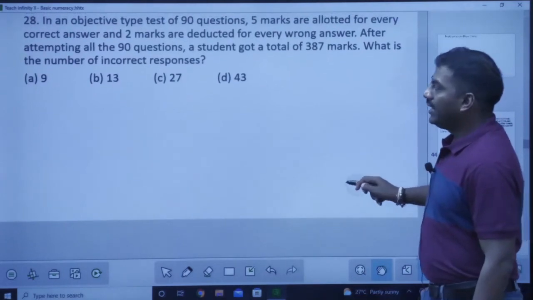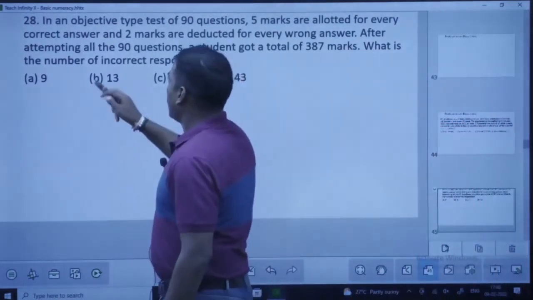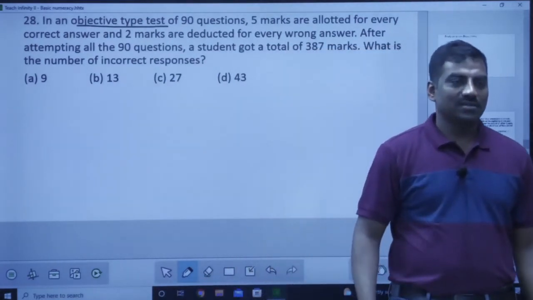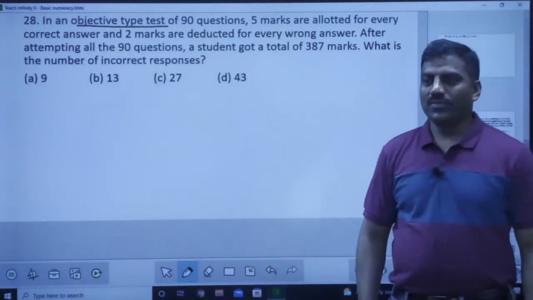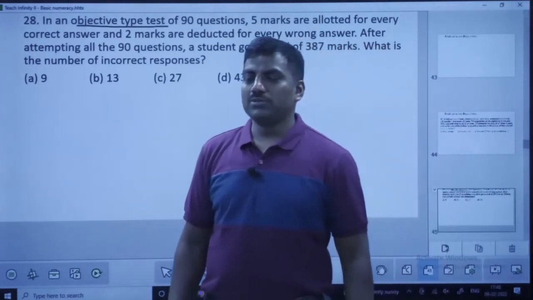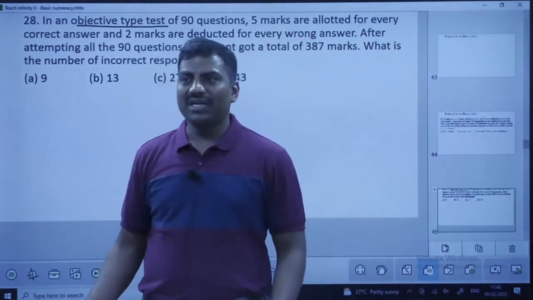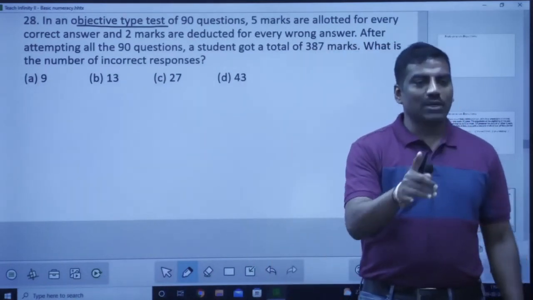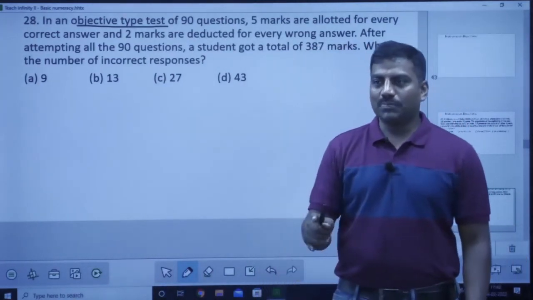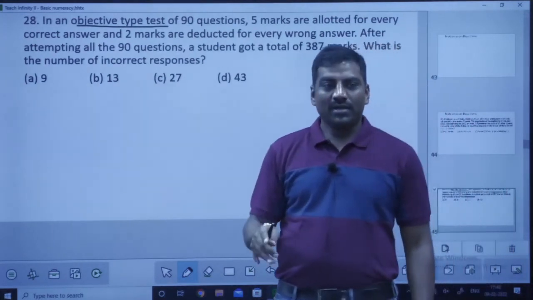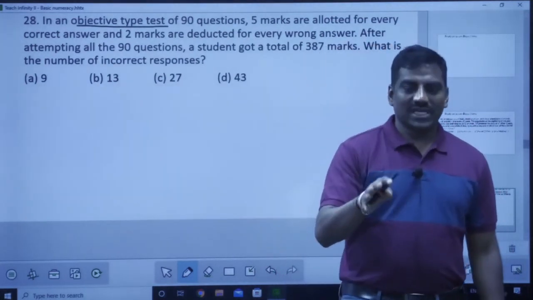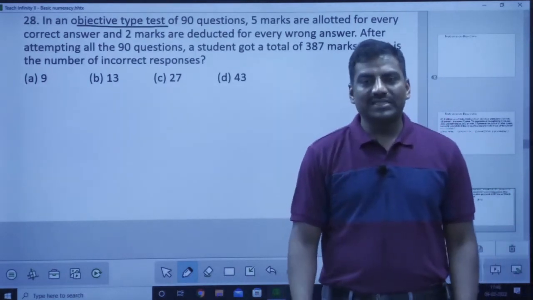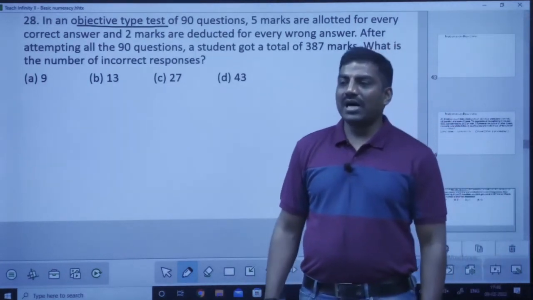Because you are writing one such objective type of test, that is the preliminary examination. Even today, after solving many objective type papers, right from 10th, 12th, CET, all that, people don't know how to calculate their scores. Even the people who have written 3, 4, 5, 6 attempts fail to finally calculate their scores. In our examination, how many marks are given?